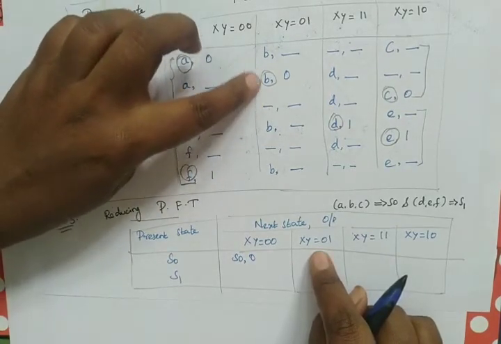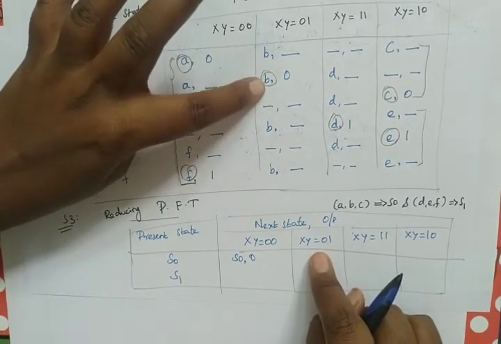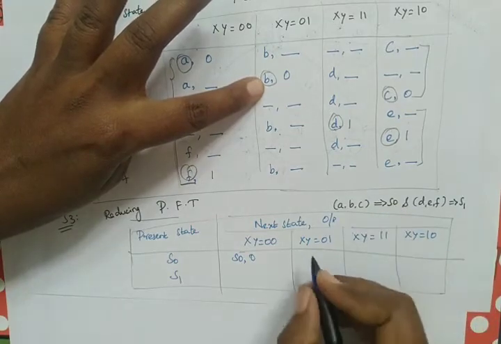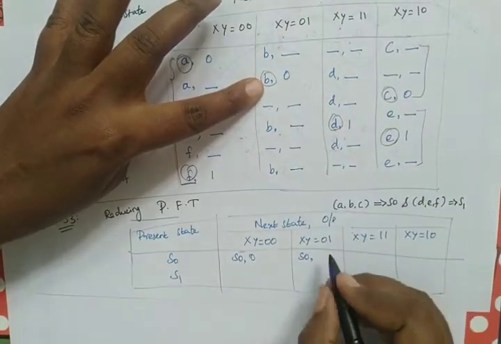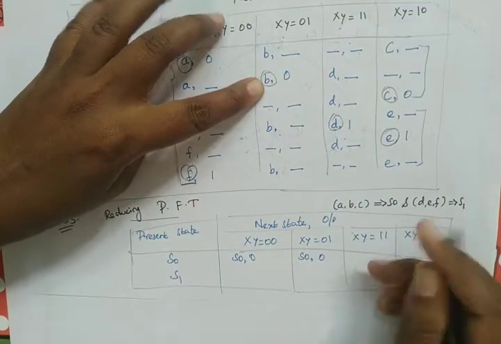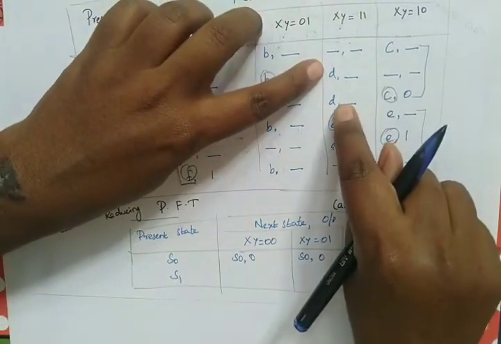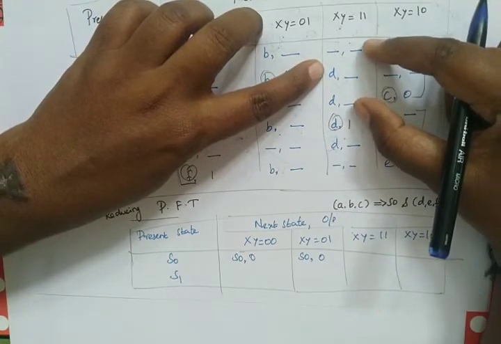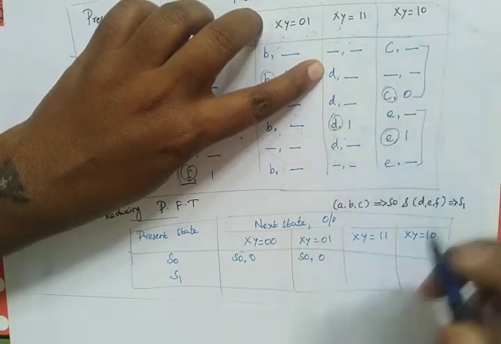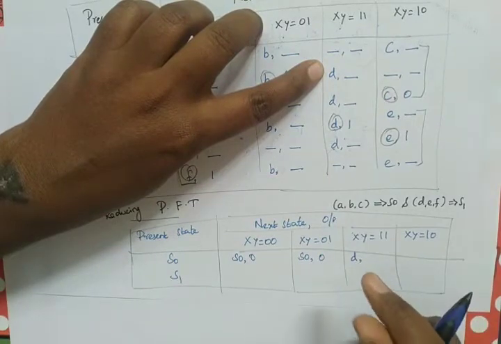Here we are getting B here, isn't it? Here B. So this B comes under S0. So S0, comma, what is the output here? 0. So S0, comma, 0. Then let us check here. Here we are getting D because we have merged these three. So we have to compare only these three. So we are getting D here. D, comma, sorry, S1.